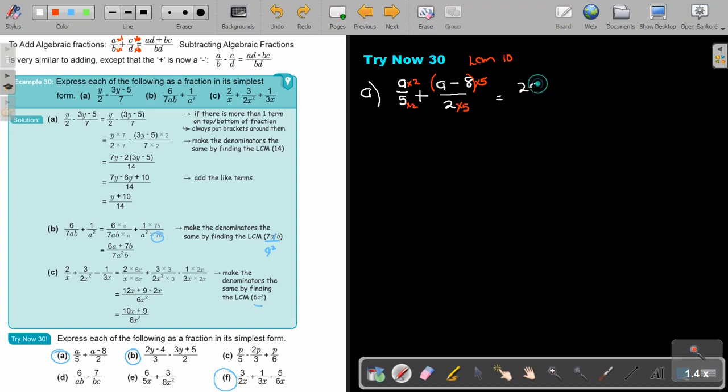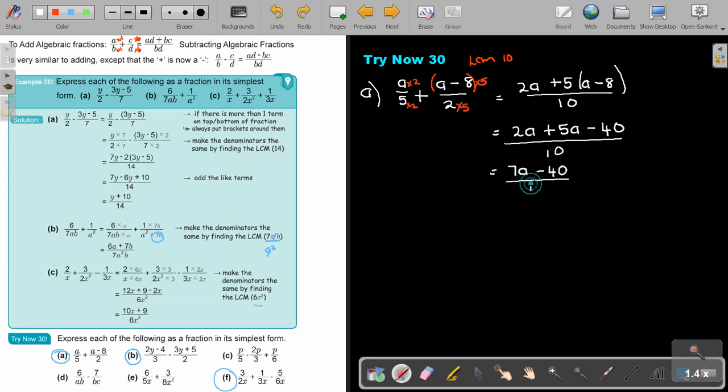In this case, I will get 2a plus 5a minus 8 over 10. And if I simplify this, this will be 2a plus 5a minus 40 over 10. And then my final answer will be 7a minus 40 over 10. And that will be my final.